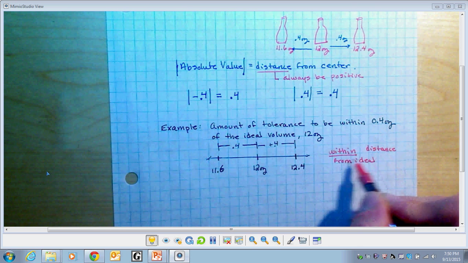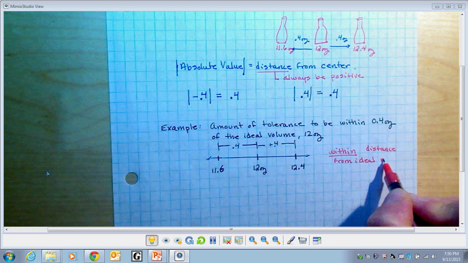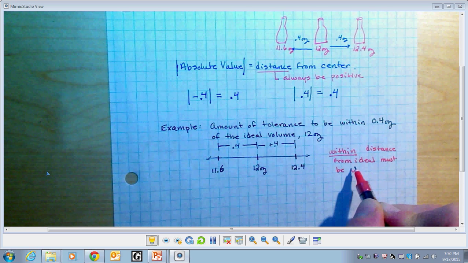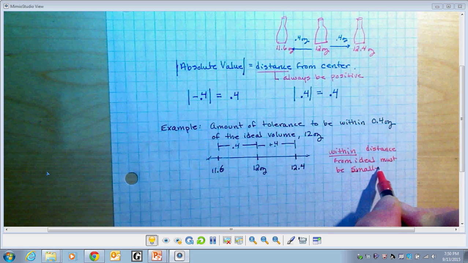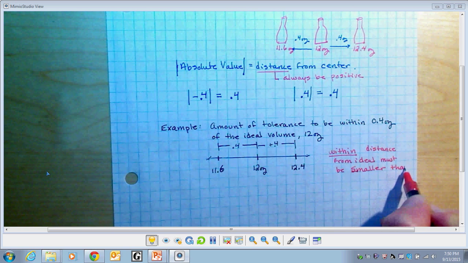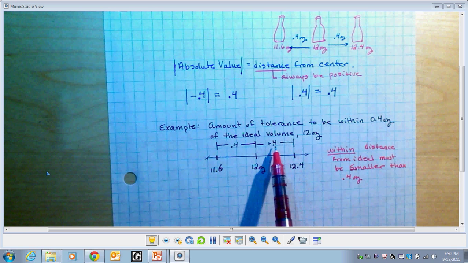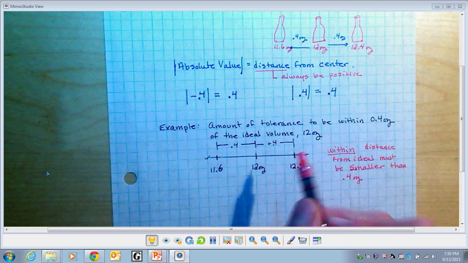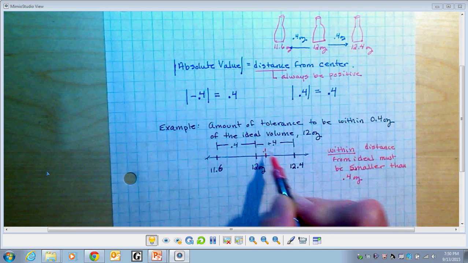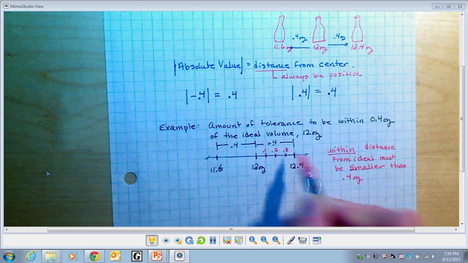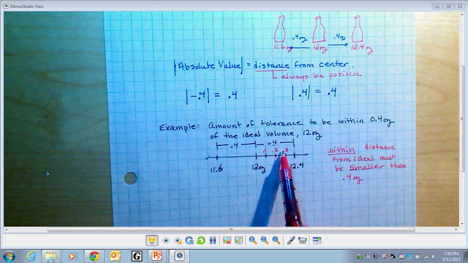So that means that within means a distance from the ideal, so that means it must be smaller than 0.4 ounces. So if I want to be within this distance, my distance has to be smaller than 0.4. Because remember, this distance here would be 0.1, and this distance here would be 0.2, and this distance here would be 0.3. So these numbers are within 0.4, and they're all smaller than, yeah?